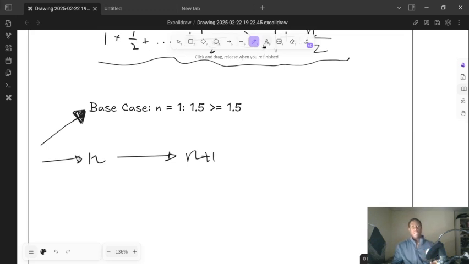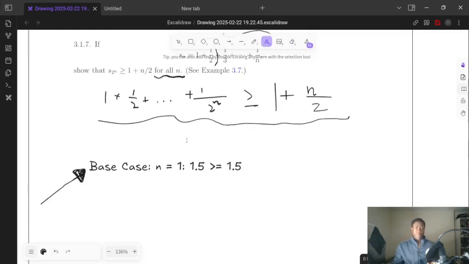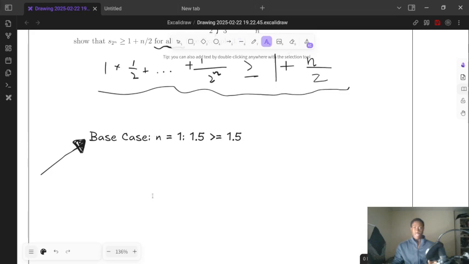Okay, and here we already showed the base case, so all we need now is to assume the property we want for n, which is just the question that is asked. So we're going to assume that 1 plus 1 over 2 plus ... 1 over 2 to the n is less than or equal to 1 plus n over 2.